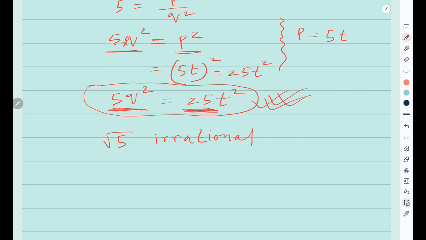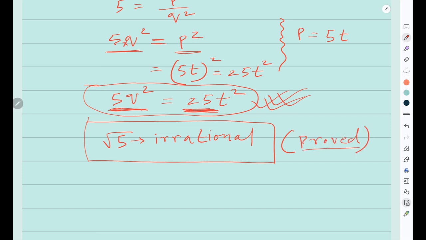What does that mean? It means that if square root of 5 is not rational, then it has to be irrational. Okay, so proved. This is also one way of mathematics: we start with something which may or may not be wrong, and then we apply a few things which we know are correct.